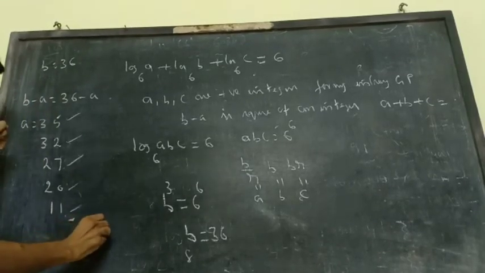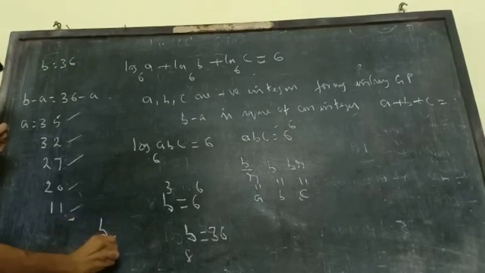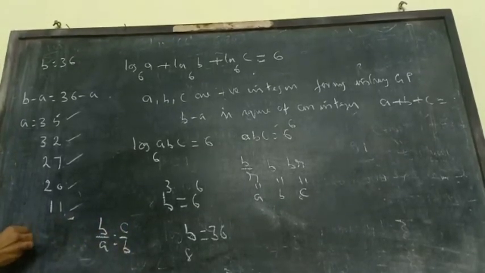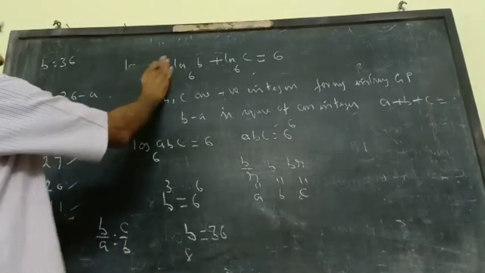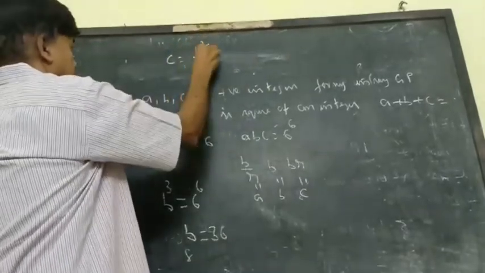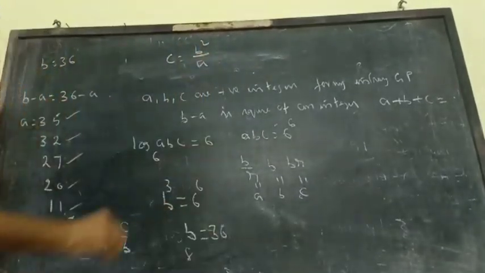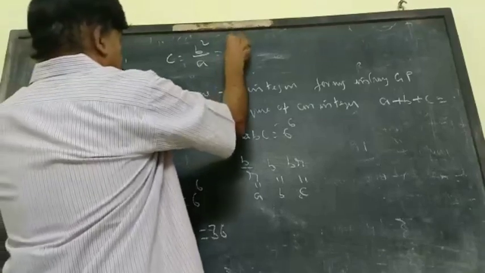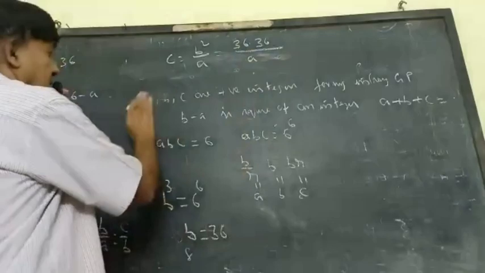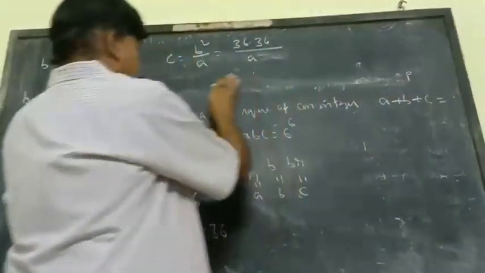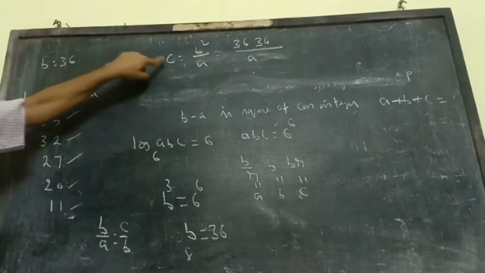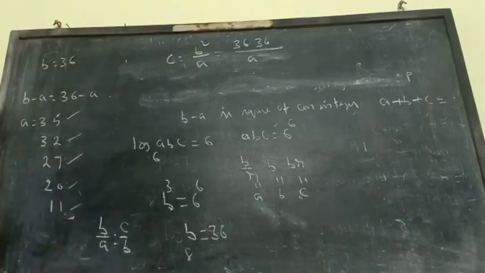So listen, B by A is equal to C by B. So your C value happens to be B square by A, which is 36 into 36 by A. Now the question is, among the values of A, which makes C a positive integer?